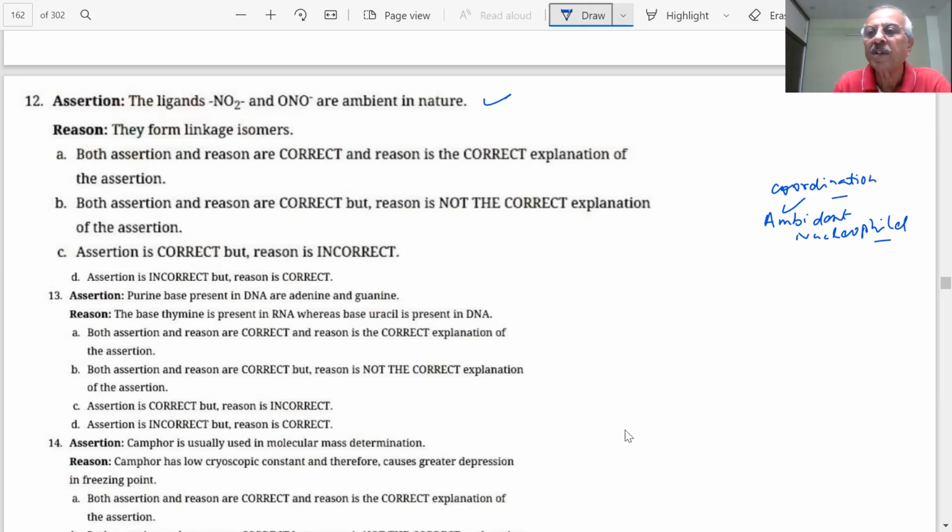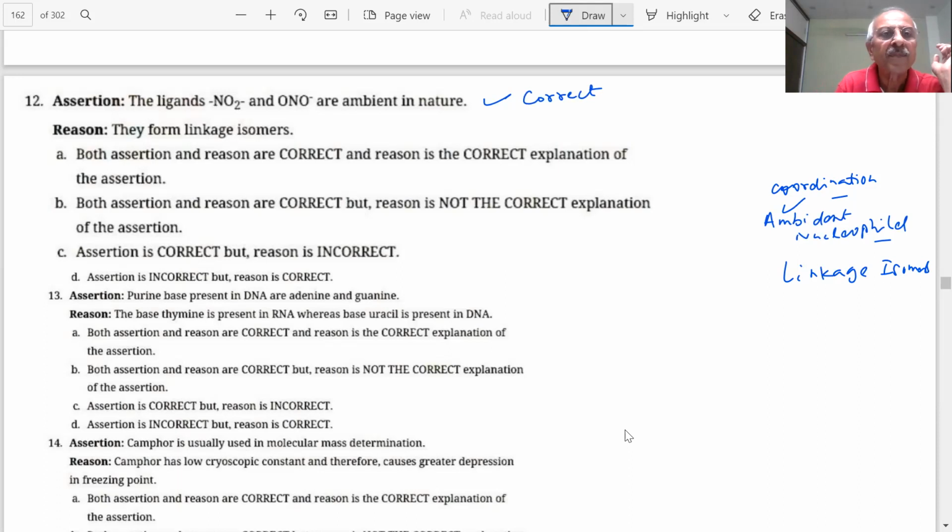In coordination compounds, what happens, student? We heard about the linkage isomers. Linkage isomers were formed because the ligands could bond through either of the two atoms with a central metal, that we know. He says these ligands are ambident. That is the correct statement.